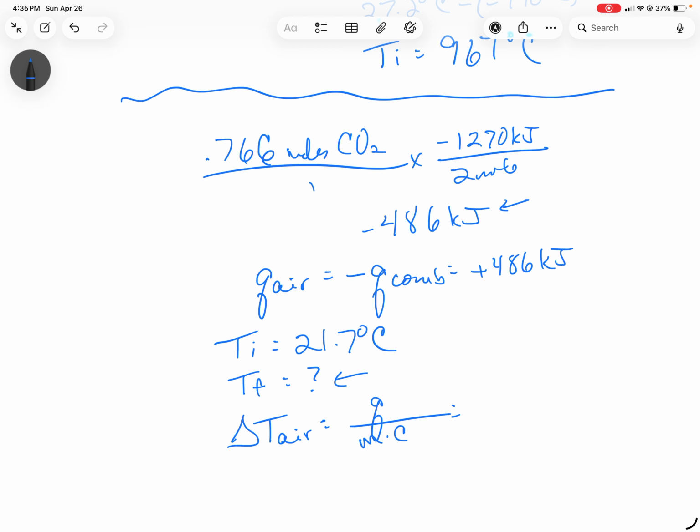You would have had to put this 486 kilojoules into joules because, of course, the specific heat of air that they gave you was something like 1.005. I don't remember exactly the numbers, but I think everybody remembers doing this problem or not doing this problem because a lot of people looked at it and skipped it. But it was basically something hot is putting heat into something that is cooler. The something that is cooler here was the air. So the air gained the heat lost by the combustion reaction, and then we had to find the final temperature of the air.